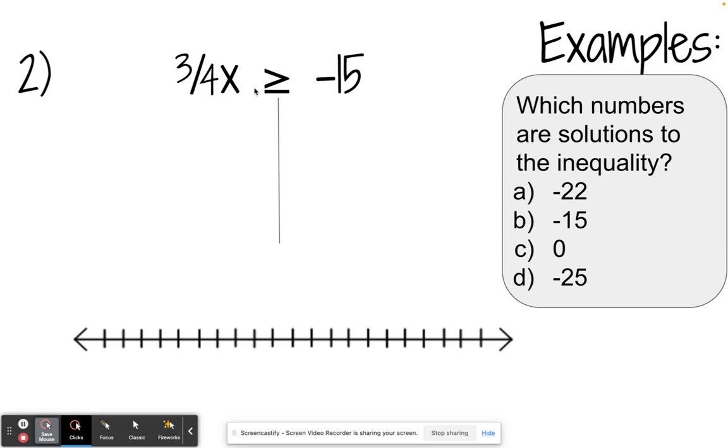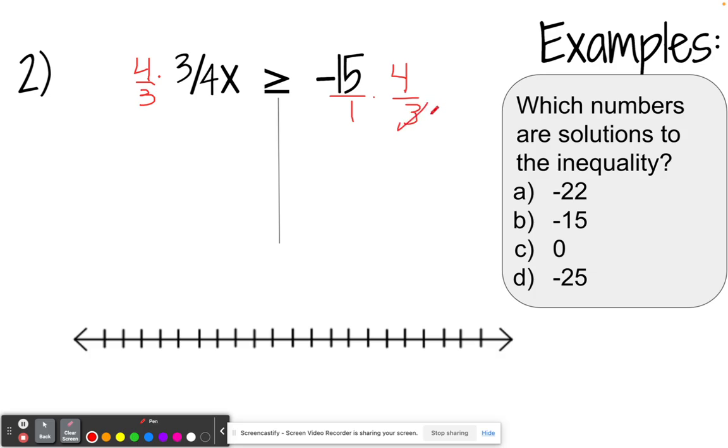Okay, let's try this one. I see a negative number there, but does my best friend have the negative attitude? Oh, my best friend's sitting here with their positive attitude. I'm going to multiply both sides by the reciprocal of 4 over 3. I'll put a 1 under this so we can see it. Times 4 over 3. Simplify before you multiply.